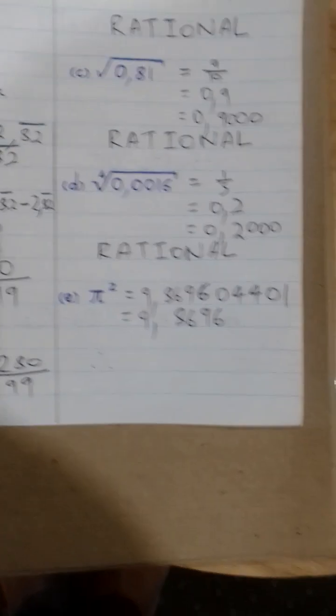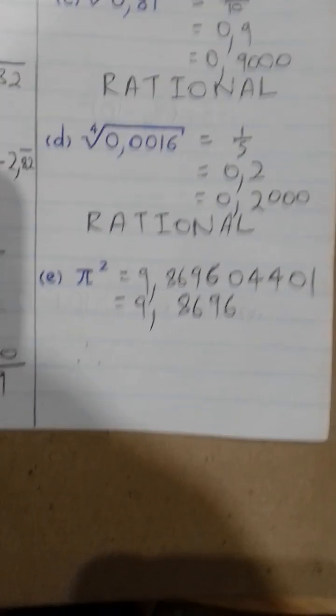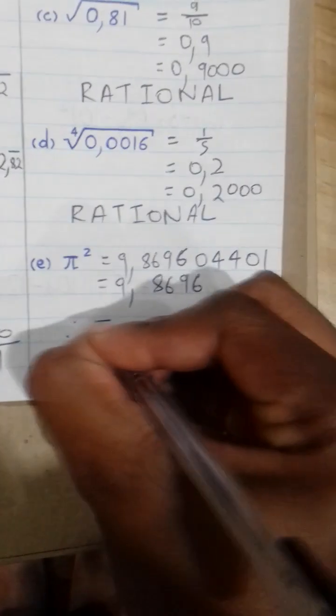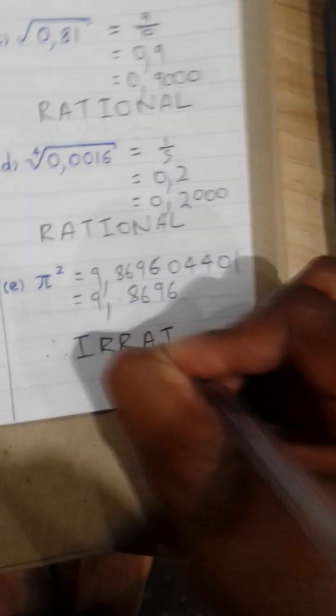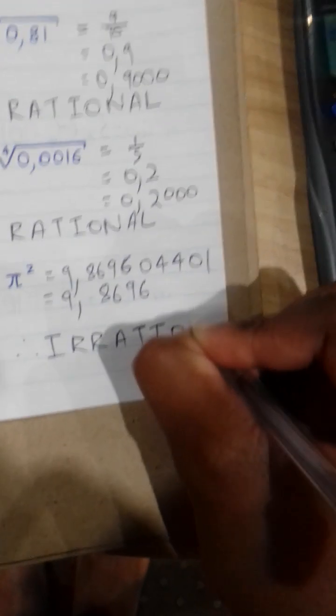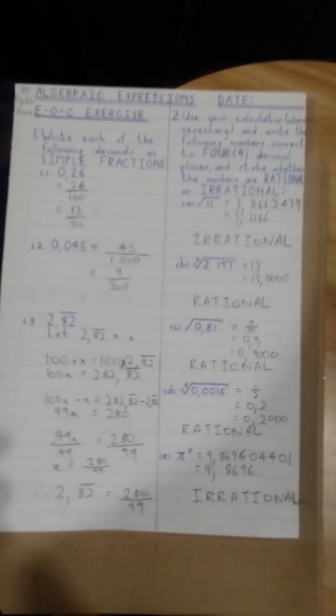Pi by definition is irrational, even though you'd be mathematically correct in saying pi over 1 is a fraction, but by definition pi is irrational. I hope that was clear, and I hope all of that made sense.